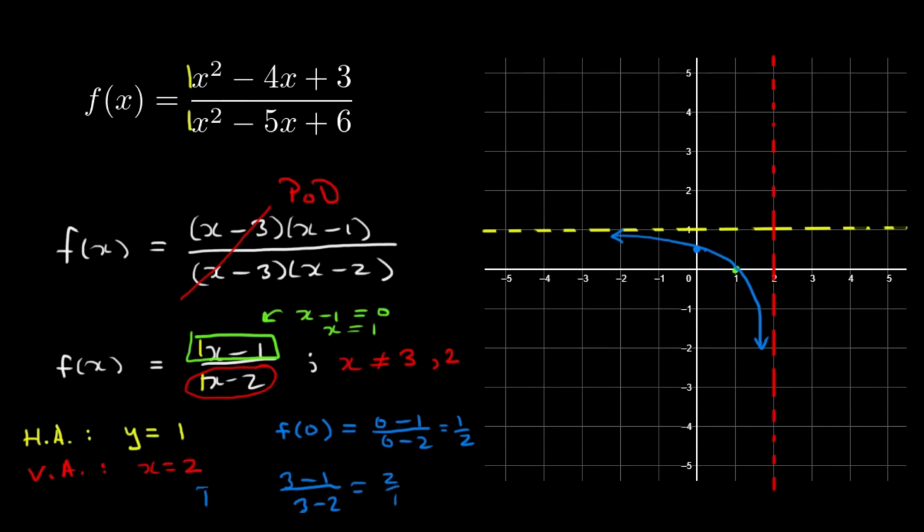So this is the location of our point of discontinuity, because remember f of 3 is still undefined, which is why we're going to put an open circle here at x equals 3, and the y value that it almost wants to have is going to occur right there. So that should be enough to go on. We can sketch our second branch.